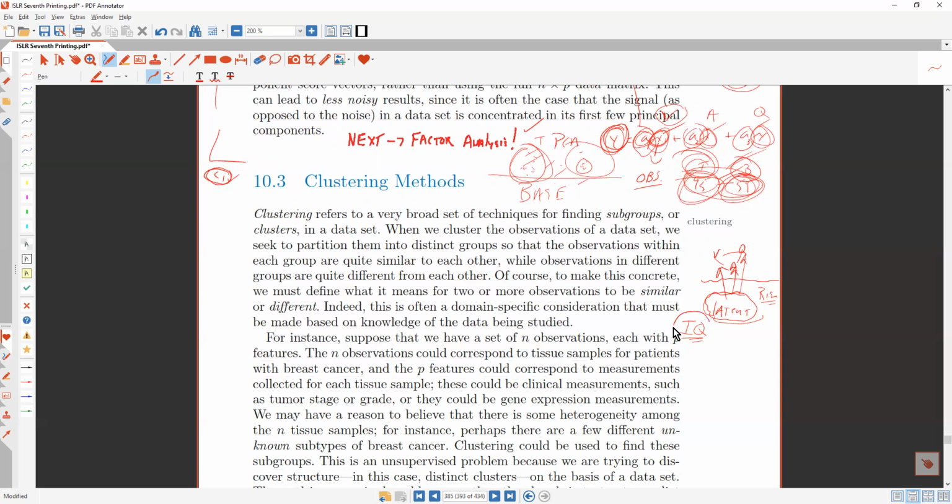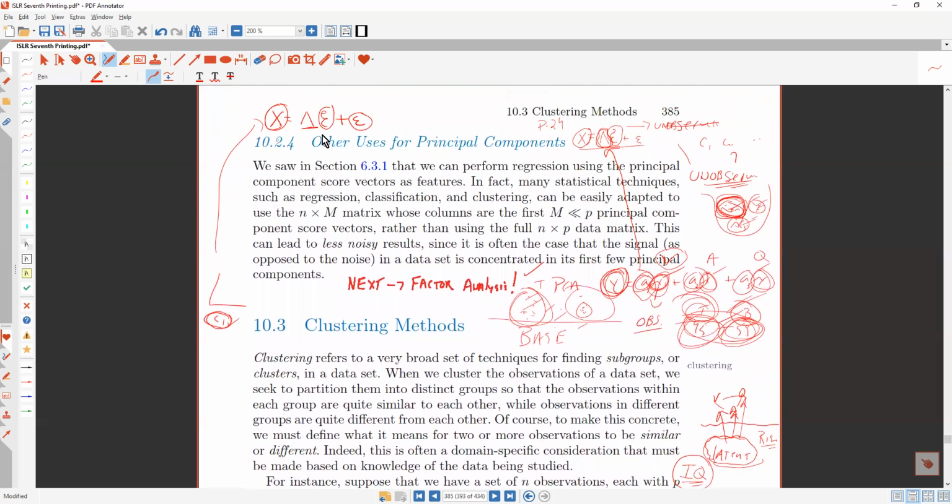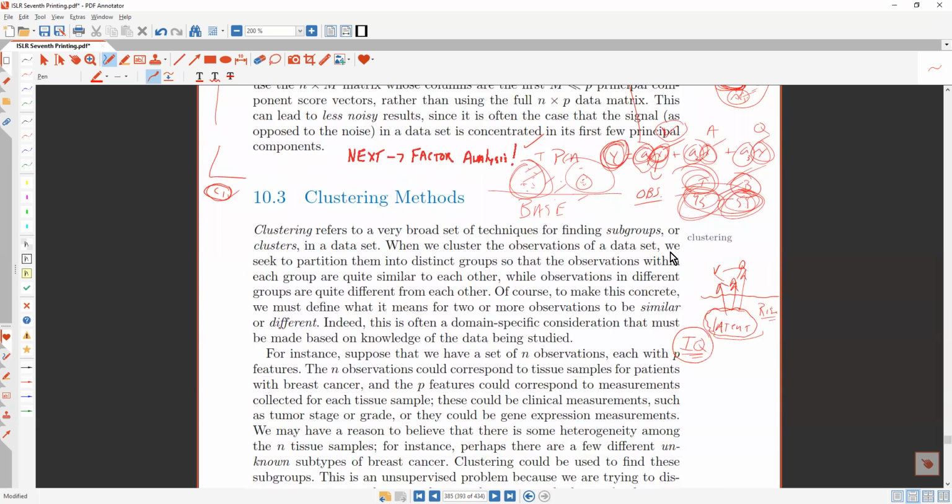In other words, if we return to our model equation, the observed is a function of the unobserved. It's the unobserved variable that's responsible, or the true thing that's generating this.